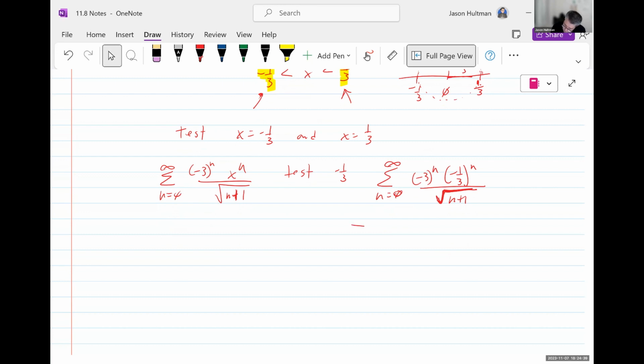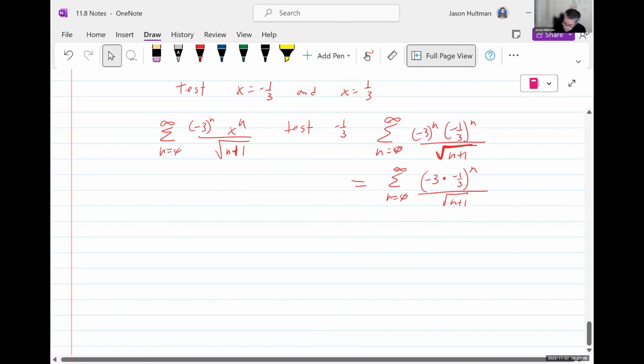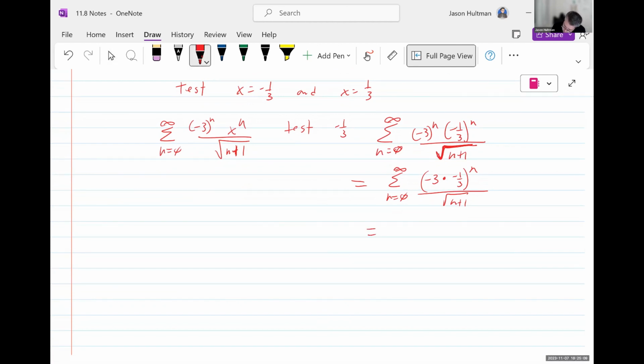I could rewrite this as negative 3 times negative 1/3, to the nth power, over the square root of n plus 1, which is going to be 1 to the nth power, which is just 1. So this equals the summation n equals 0 to infinity of 1 over the square root of n plus 1.